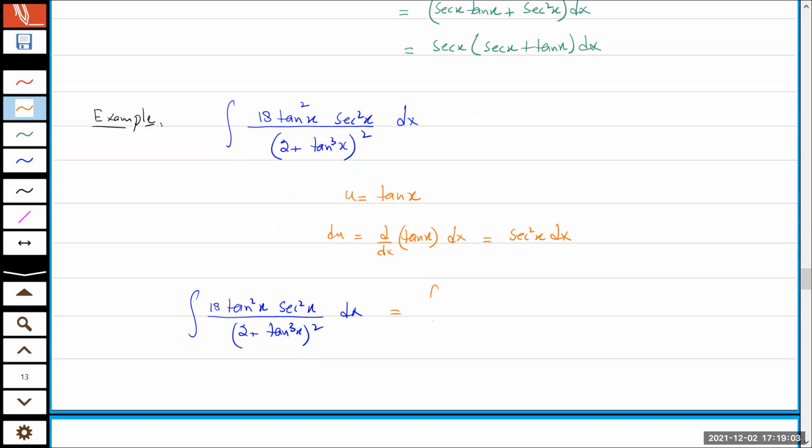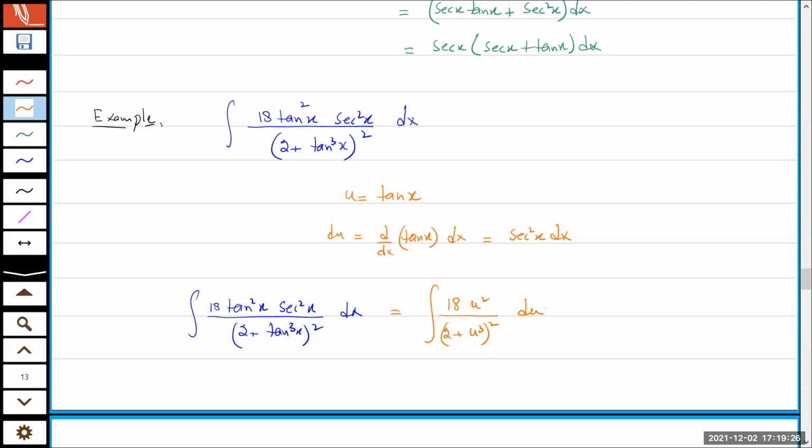This becomes the integral of 18 u squared, since tan is equal to u, secant squared dx is du, divided by 2 plus u cubed whole squared, du. This is my transformed integral in the variable u.